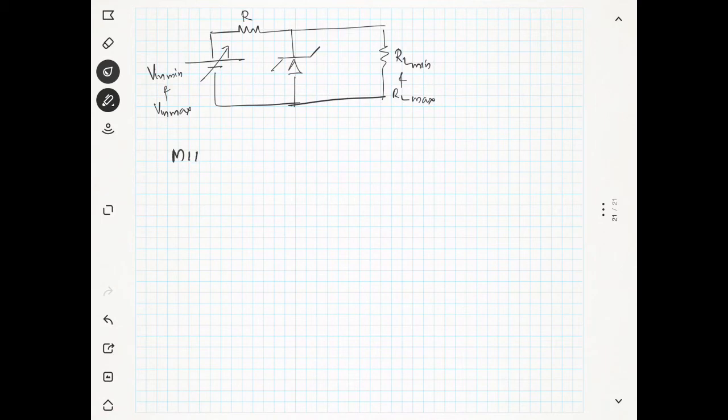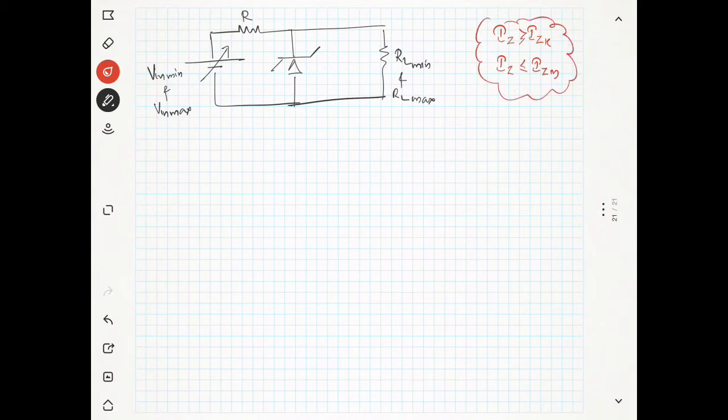I will classify our condition into two, because we have the condition that IZ should be greater than or equal to IZK, and IZ should be less than or equal to IZM. So this is the operating region.